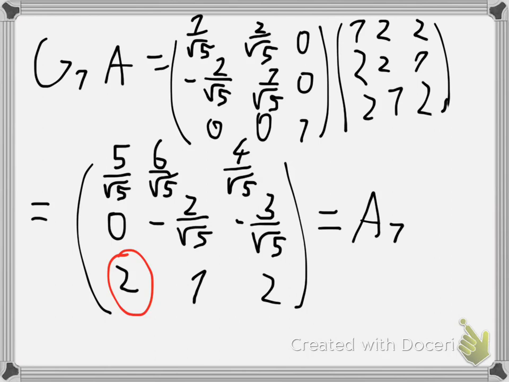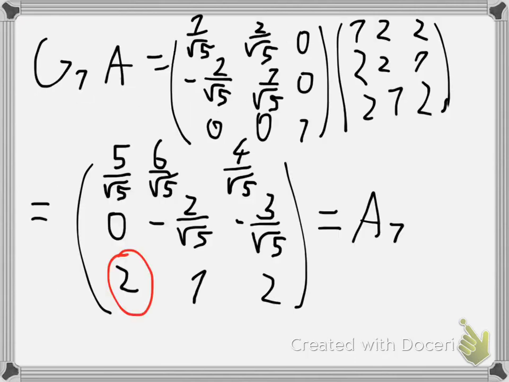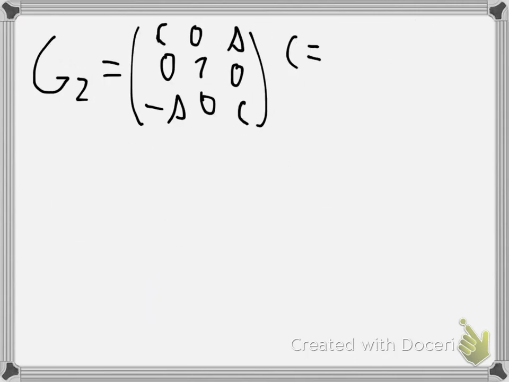I just see that we can rewrite 5 over square root of 5 as square root of 5, if we multiply by square root of 5.